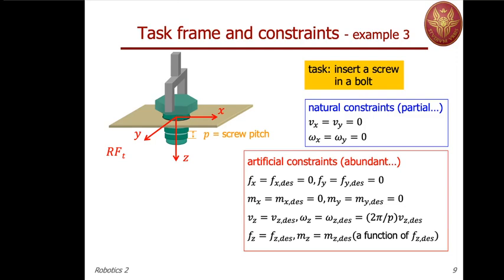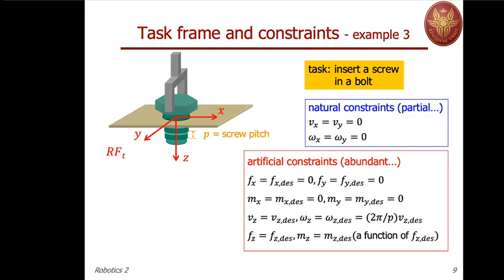If we want to achieve a perfectly tuned insertion, we could set this value to 0. Then we can set an arbitrary positive velocity Vz desired that specifies the speed of this insertion, and accordingly we will have an angular speed.